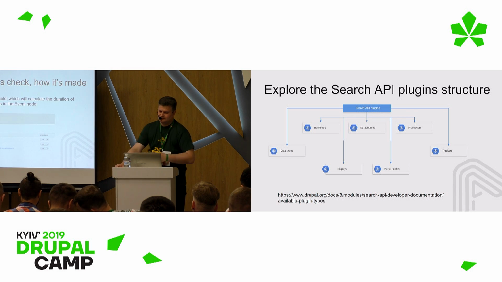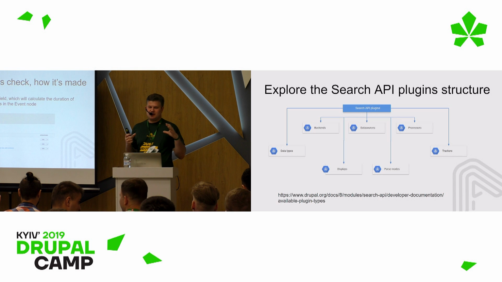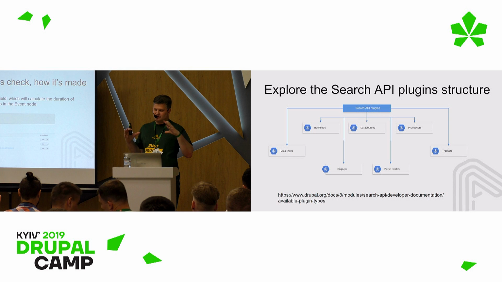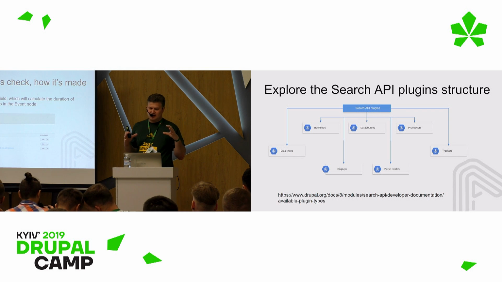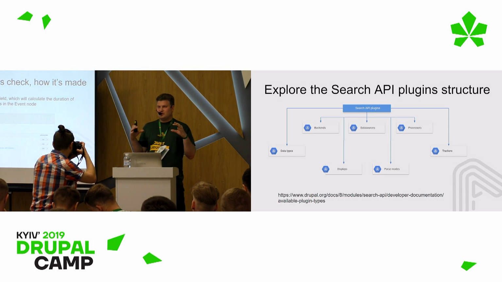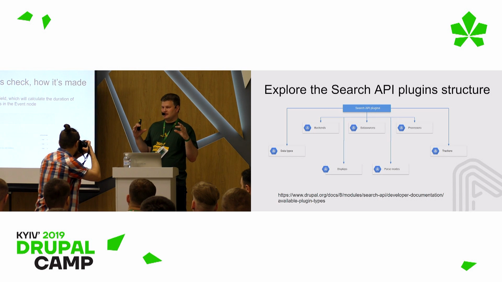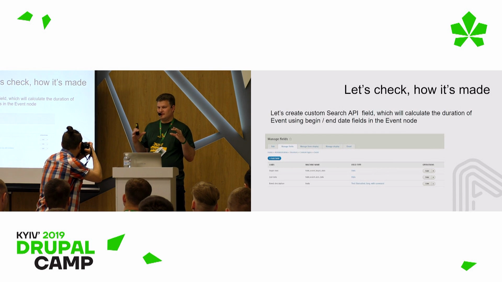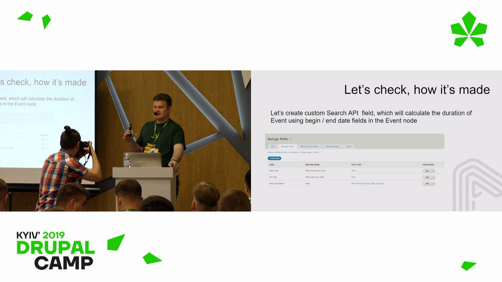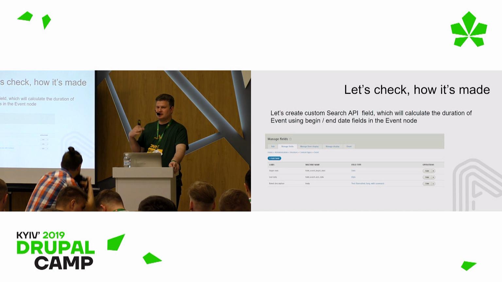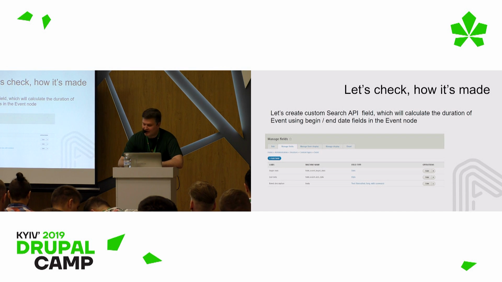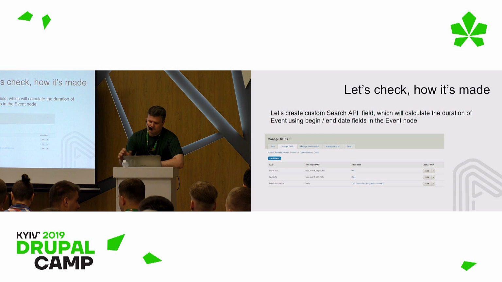We will check how to create one and how to work with a really simple task. We will check how to create a custom Search API field, which can be used for calculation of the duration of an event, when we have a begin date and end date, and we need to calculate the duration of the event, and we need to have the ability to store these values inside Search API and use them. For example, on the screen, you can see the structure of a very simple entity.